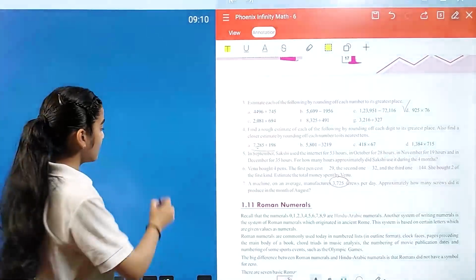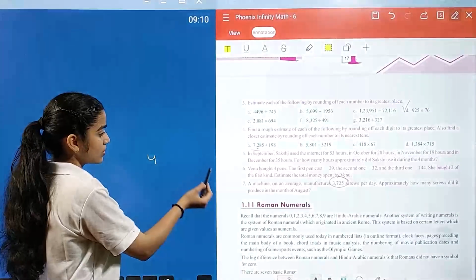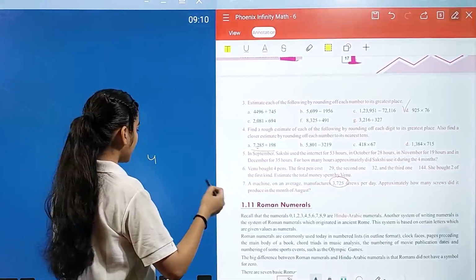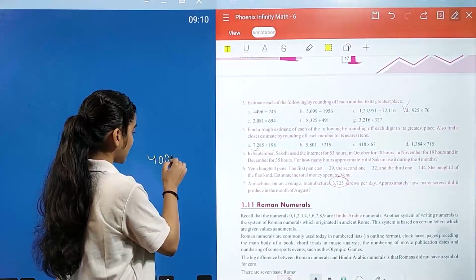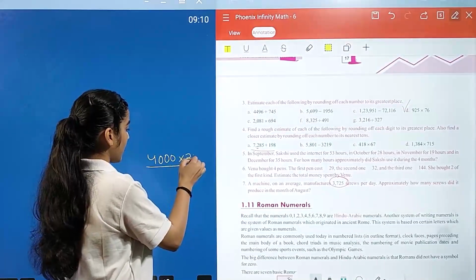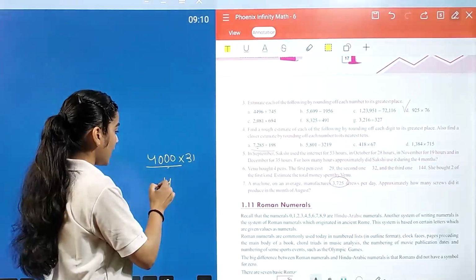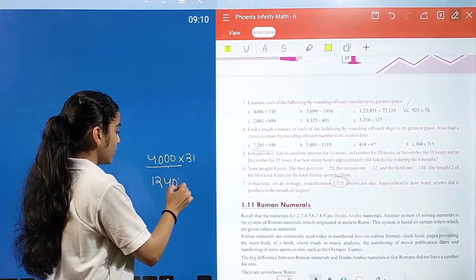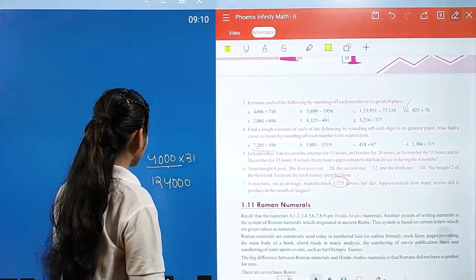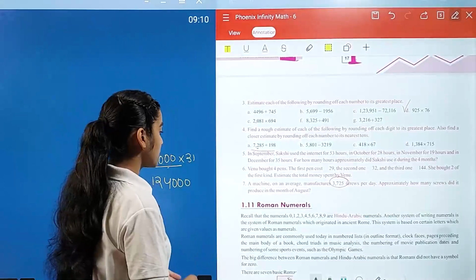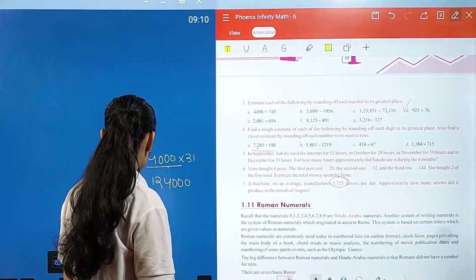So your answer will be 4000, because in the hundreds place we have 7, which is greater than 5. So we have to round it off to 4000, and multiply with 31, and you will get your answer, which is 4, and 4 3s are 12. So 12,000, 1,24,000 is approximately how many screws it produced in the month of August.